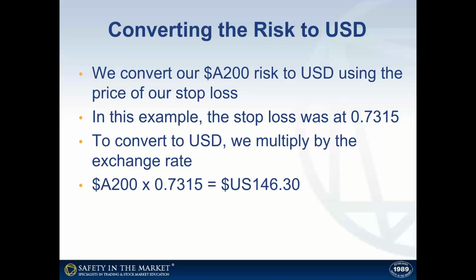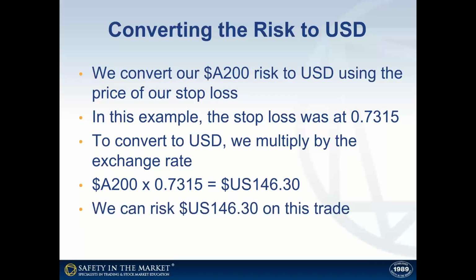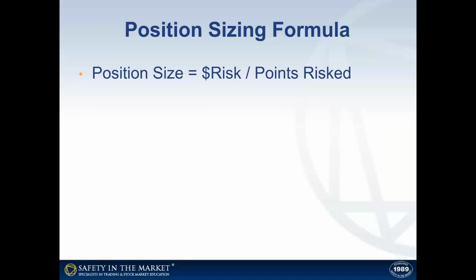Now, our risk on the trade is in the same currency as our profit and loss is going to be. And we can just slot it straight into our position sizing formula, which I'm about to take you through. So if we are prepared to risk 200 Australian dollars on this trade, we can risk 146.3 US dollars.